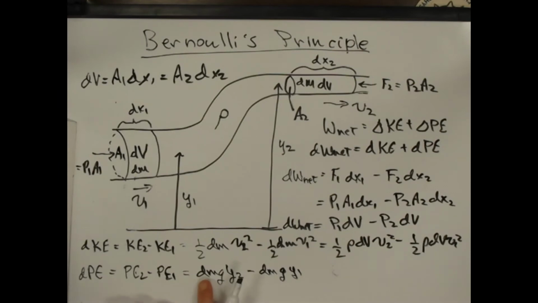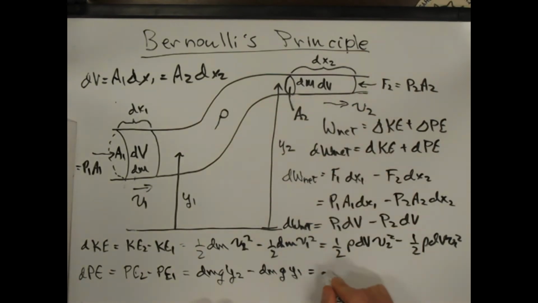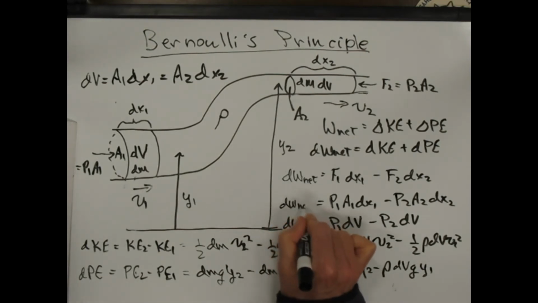Potential energy is mgh, and so the masses are dm, g is g, and the height is just y. And so, again, this is rho dV, that's what the masses are, right? Times g times y2 minus rho g dV times y1.